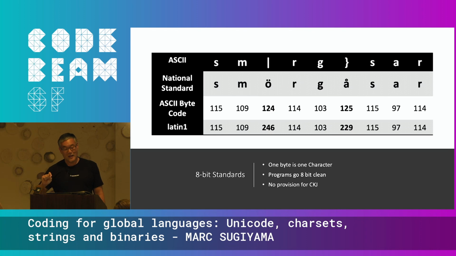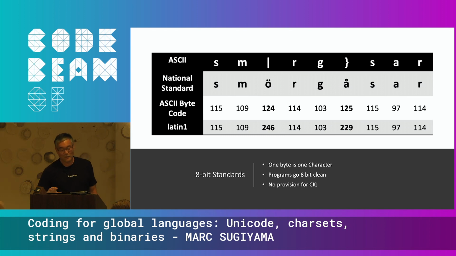And in the national standard for Sweden, that was the O with the 2 dots over it in the 7-bit system. In Latin 1, the O with the 2 dots over it is now character 246, right? So they've separated them. Now we have an 8-bit system that can represent all the Latin languages.